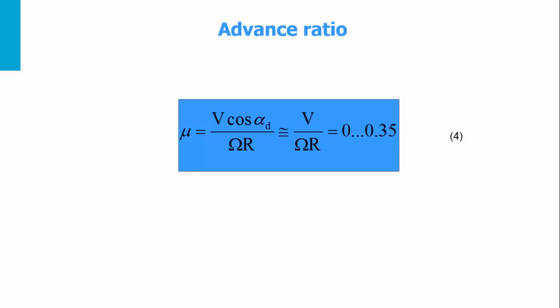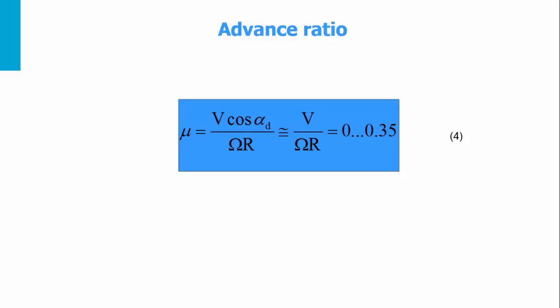One of the most important definitions for forward flight is the definition of the advance ratio. Advance ratio is defined as the ratio of the V cosine of alpha disk, the tangential component of the velocity vector, divided by omega r.